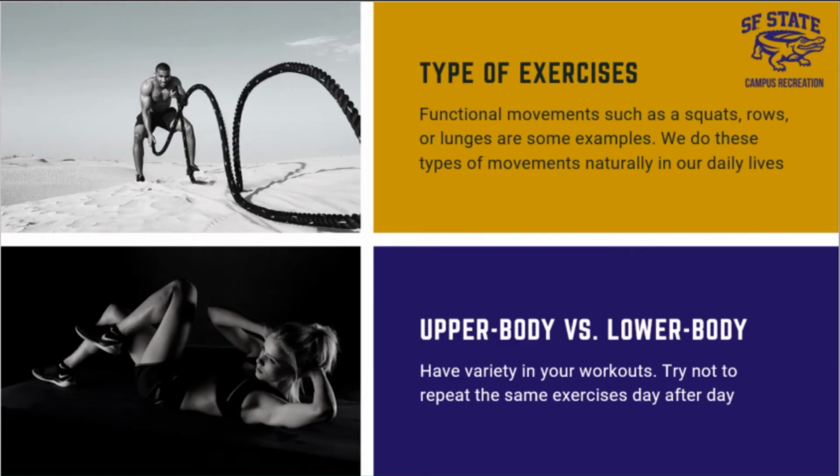So now that we talked a little bit about hypertrophy, let's go ahead and discuss the type of exercises you'll be doing. Functional movements such as squats, rows, or lunges are some examples. Other trainers may argue this is not necessarily a functional movement, but in my interpretation, functional movement is the type of movements that we naturally do in our daily lives.